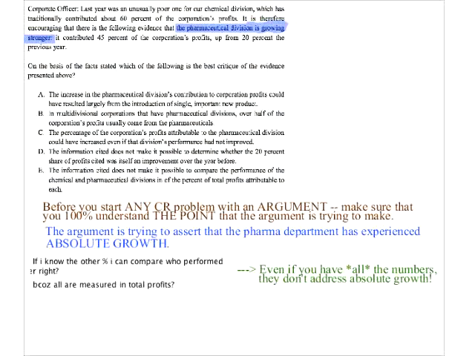Like, even if you know that chemical used to be 60% and now it's 40%, and even if you know that pharma used to be 20 and is now 45, it doesn't make any difference, because none of these numbers mean anything in terms of absolute growth unless you have some sort of relationship to the total budget.